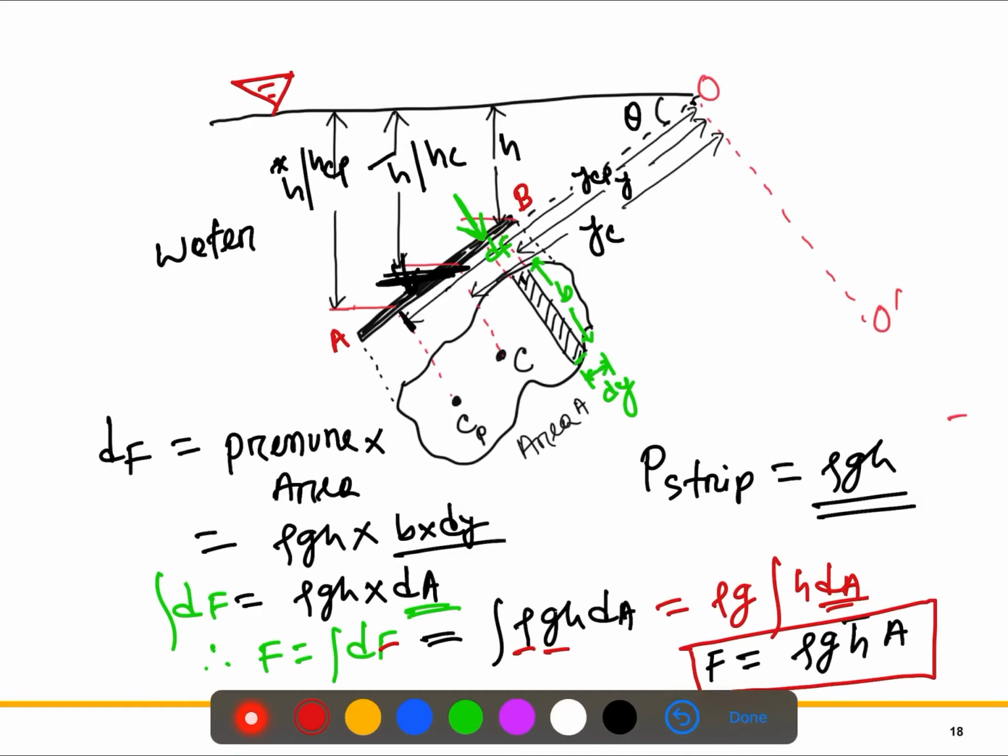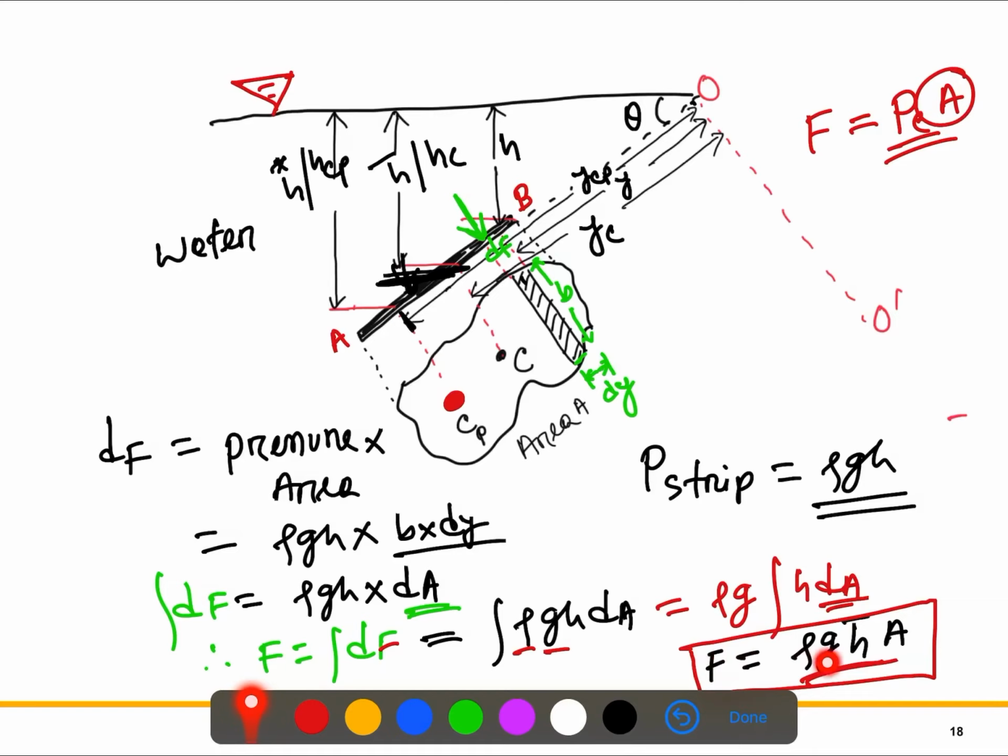In some books you will see this resultant force given as F equals P_c A, where P is the pressure, rho g h, times the area, and it always acts through the center of pressure. That's the same thing, so the force is rho g h bar A.